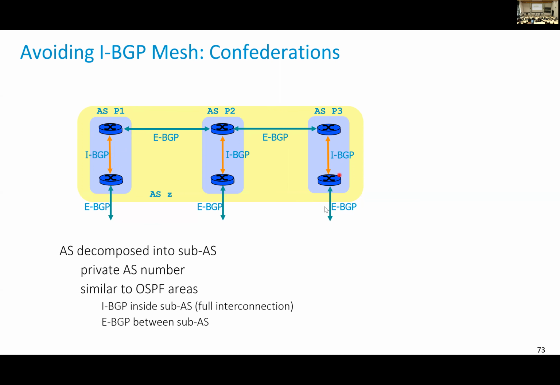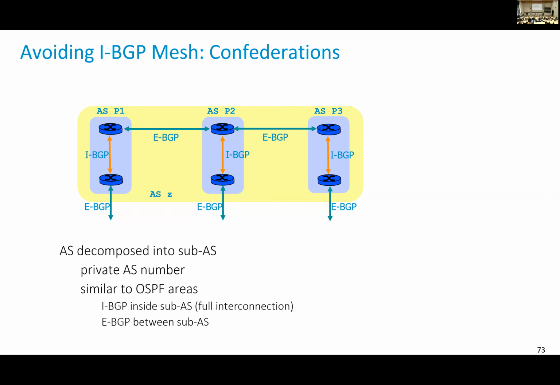How can this be done? Well, this can be done by using what is called private AS numbers and splitting my big domain into subdomains, which are handled as if they were external domains. So here I have a big domain, which is split into 3, and we use eBGP between the subdomains, even though this is all internal to a single administration.